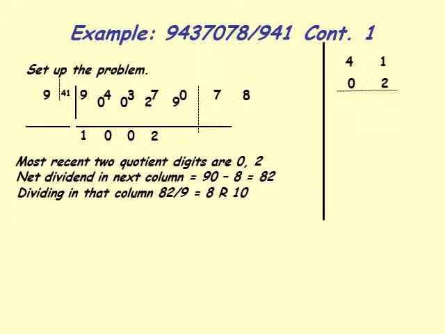Let's continue. Then we would divide 82 by 9, and instead of using 9 remainder 1, I'm using 8 remainder 10, which is an altered remainder. So we'll use 8 remainder 10, because 9 times 8 is 72, and 82 minus 72 is 10. For the same reason, if I use 9 remainder 1, I would be getting negative values in the next column.